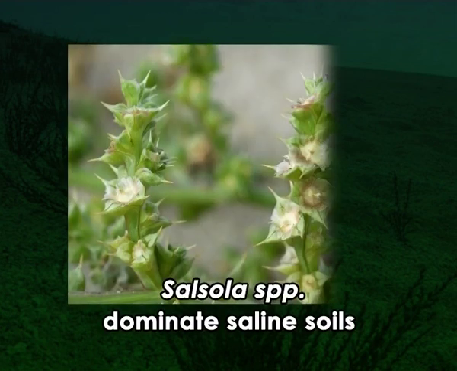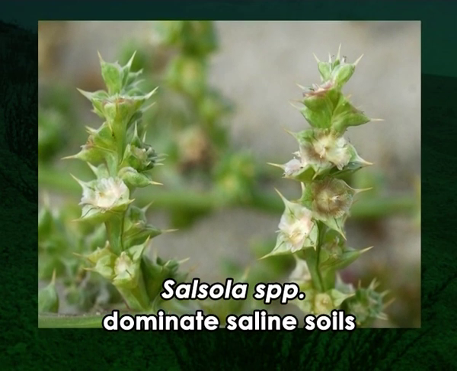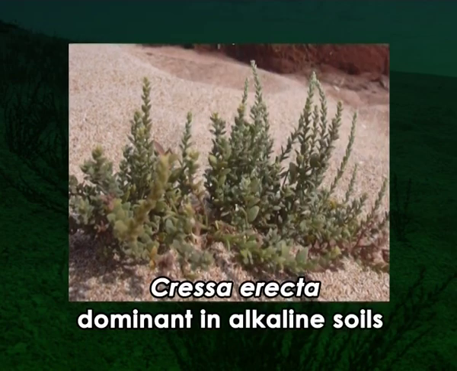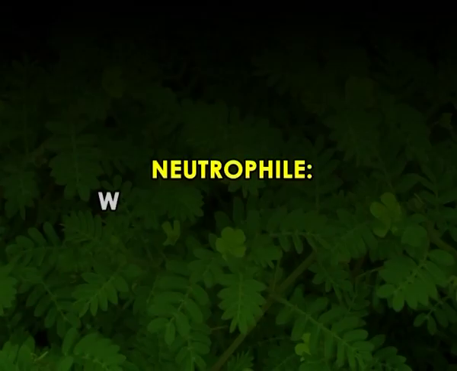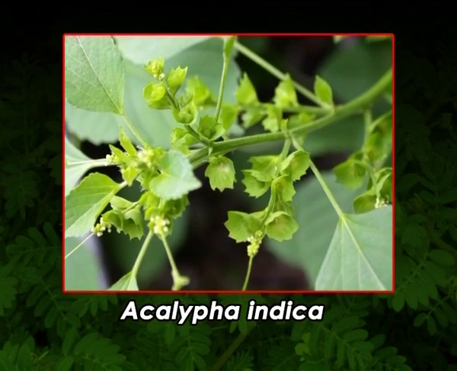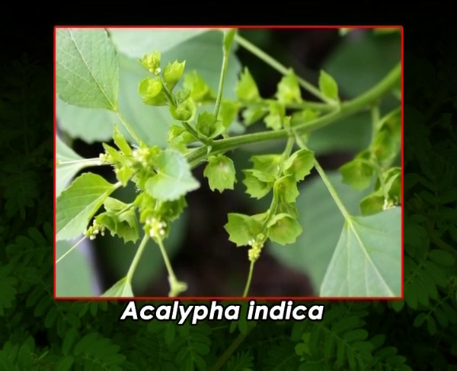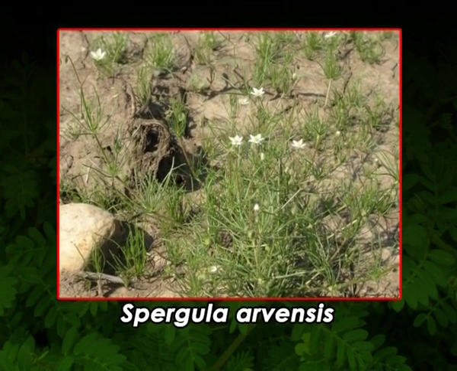For example, Salsola species dominate saline soil, whereas Chrozophora dominates alkaline soils. Neutrophile, weeds of neutral soil. For example, Eclipta indica and Spergula arvensis are examples of neutrophile weeds.